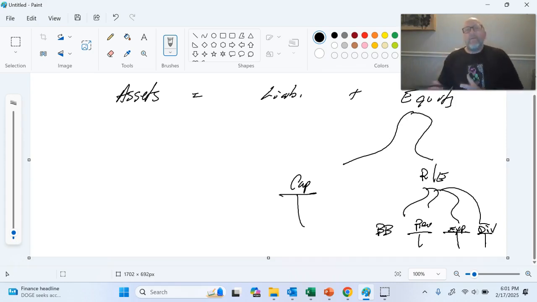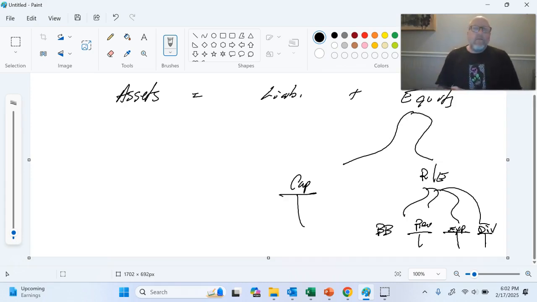Now, let's talk about expenses for a second. Expenses are on the right side of the accounting equation. However, they have the effect of lowering equity. So as I incur expenses, my equity goes down. And therefore, if I want to show an expense, I'm typically going to show the expense on the left side of the expense account.